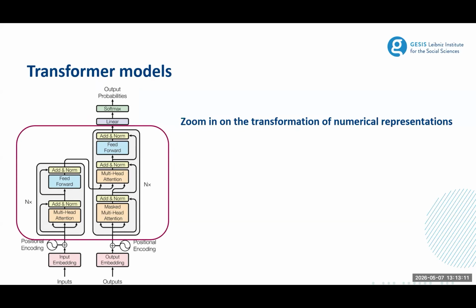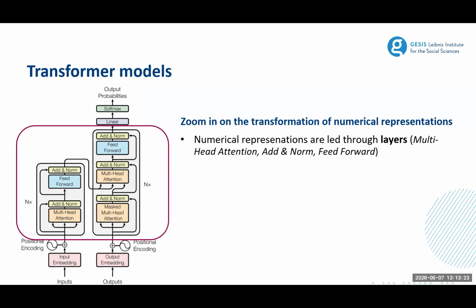The second thing is now about these parameters and weights. This is important for the transformation of the numerical representations. All these transformations happen in the so-called layers. If you look at the orange, yellow, and blue boxes here, you have a multi-head attention, an add-and-norm, and feed forward.